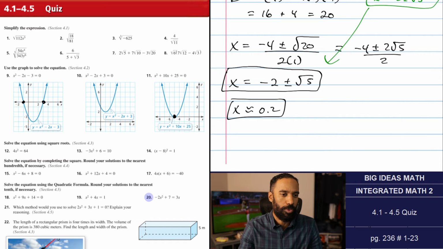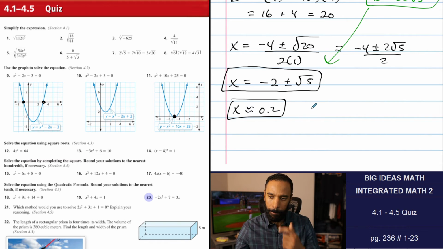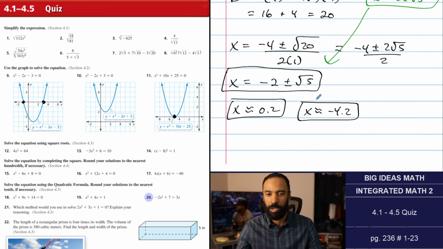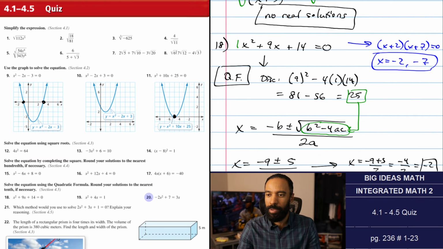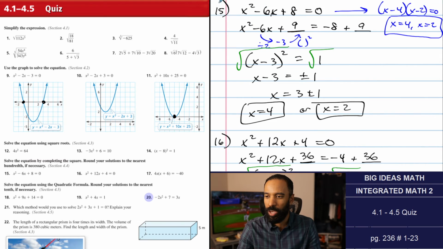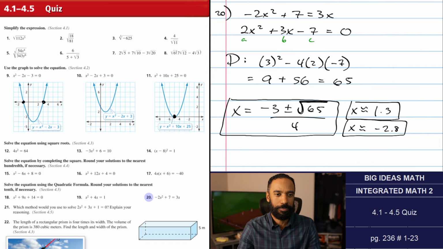And negative 2 minus root 5 is negative 4.2 when rounded. That's why I say approximately. I want to make sure I didn't miss anything else. We're good. We're good. Okay. So that was number 20 right here.